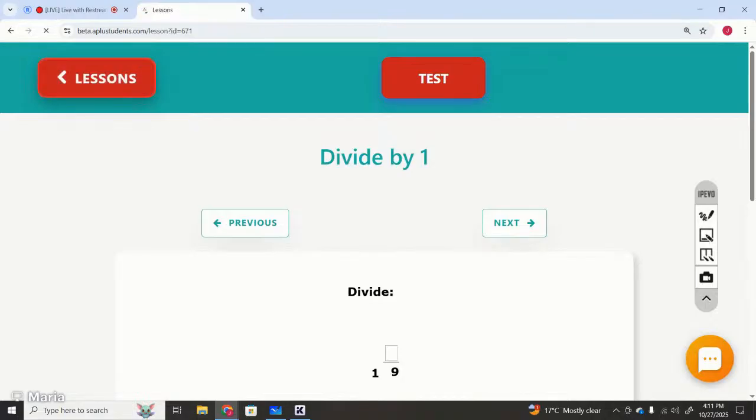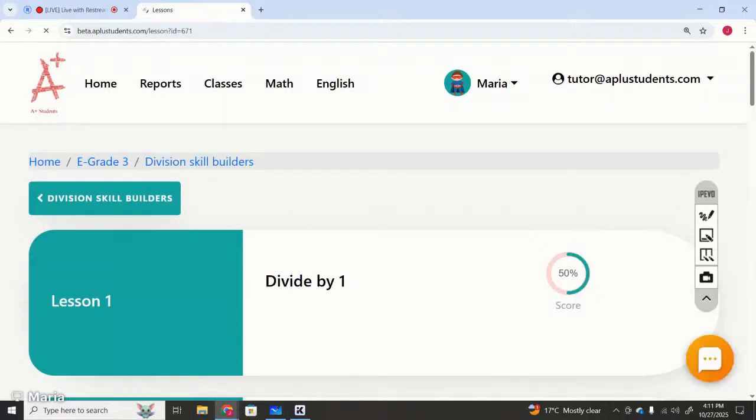The next lesson is divide by 2. So let's just see how we divide numbers by 2.